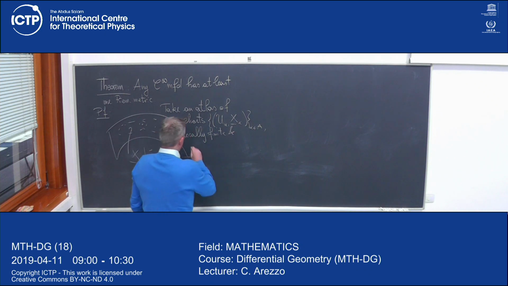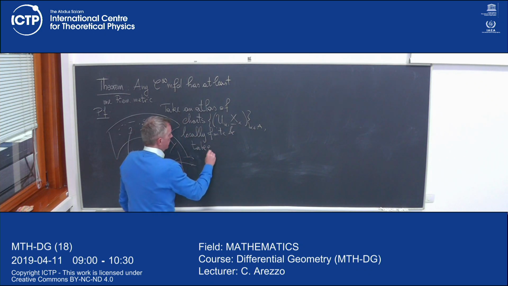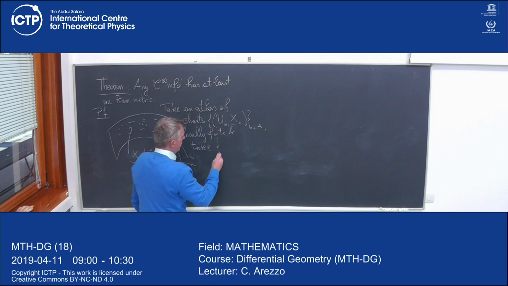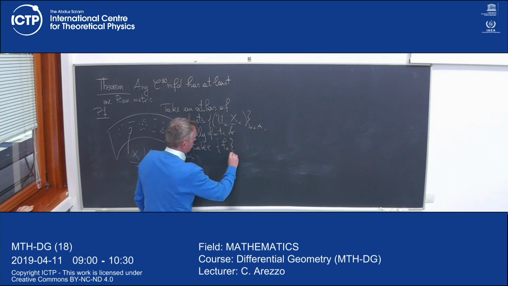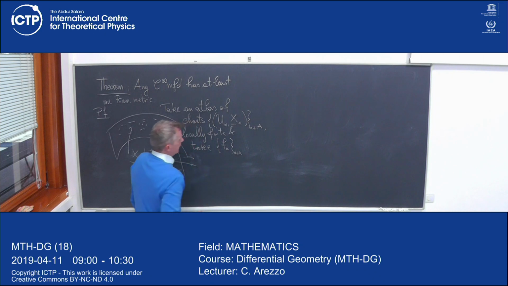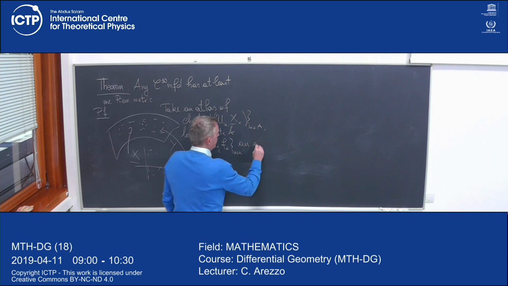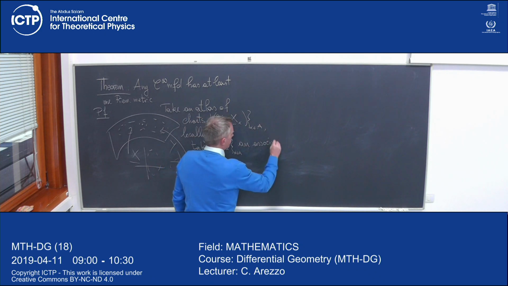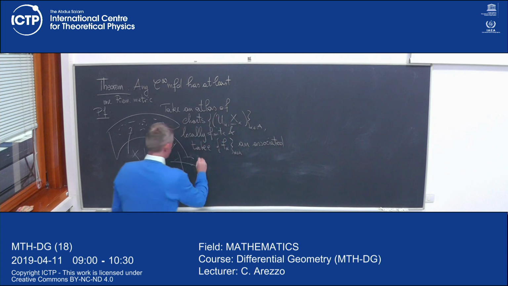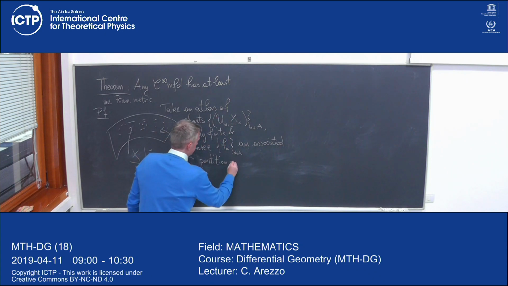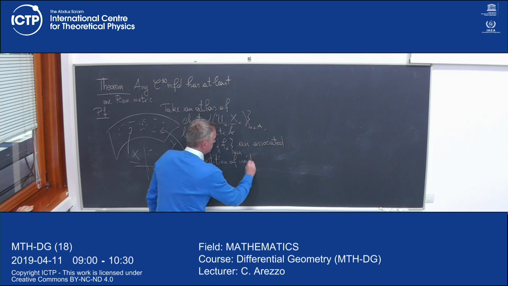And take F alpha, the associated partition of unity. The partition of unity is never unique, but take an associated one.